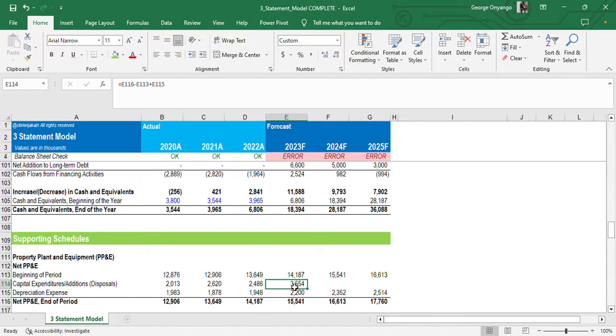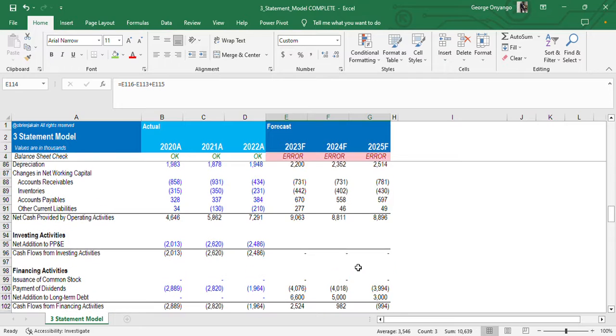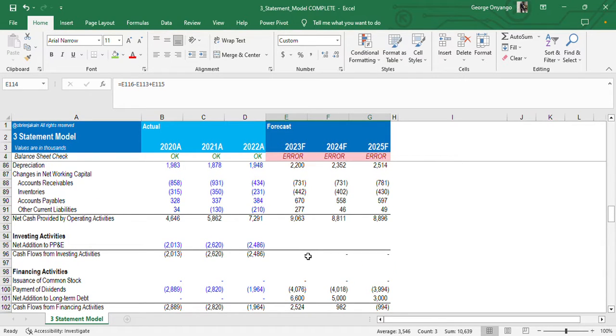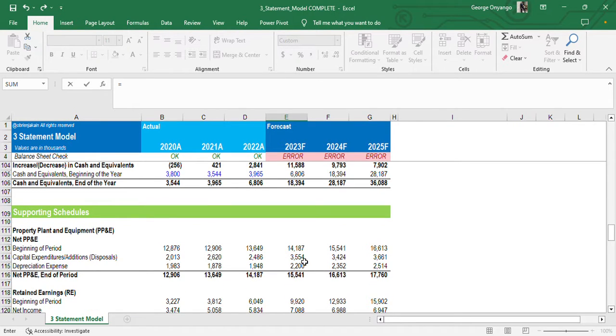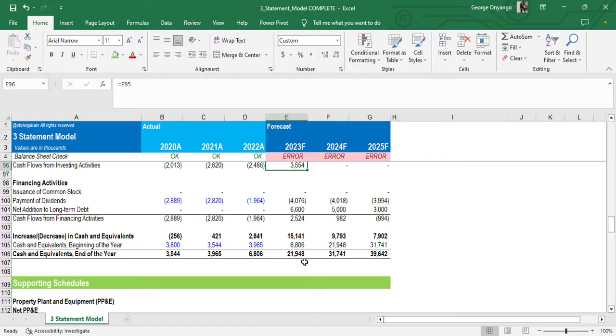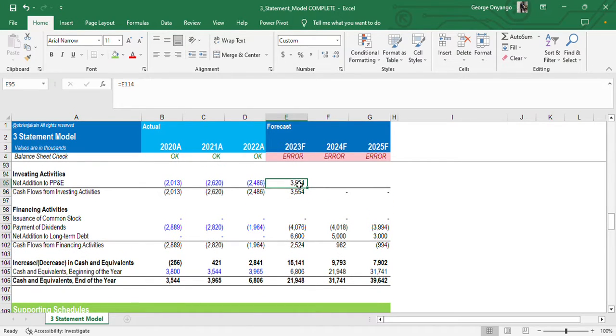So to do that, we can now go back to our investing activity, and these are the net addition to our PPEs, these values here. Then when we fill that right, we are going to be able to get that.